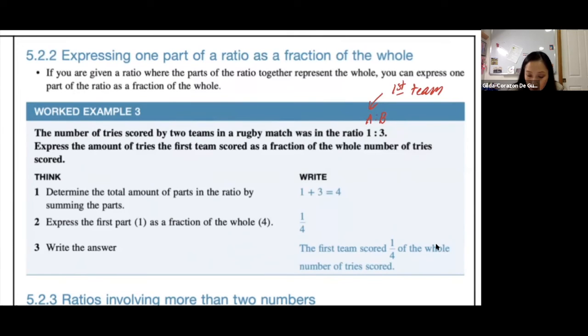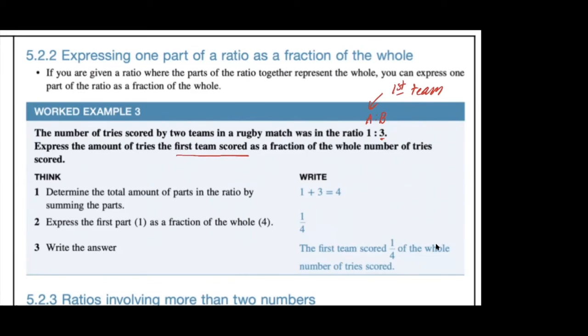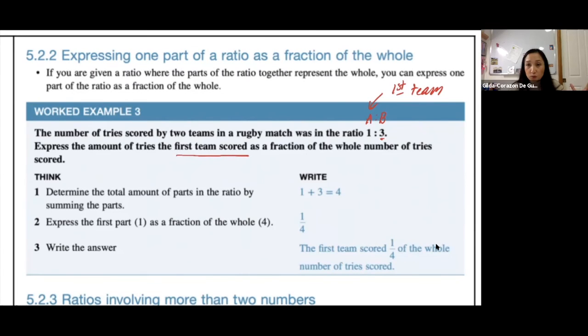So it's very important that we write down the right ratio. First team scored as a fraction of the whole number of tries scored. So it's 1 to 4 because the total tries would be 4. So it's 1 to 4, or you say it's 1 over 4, or you say it's a quarter.